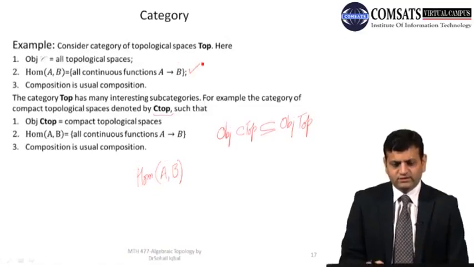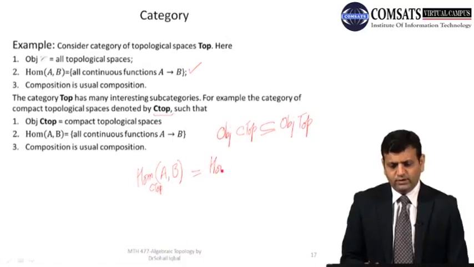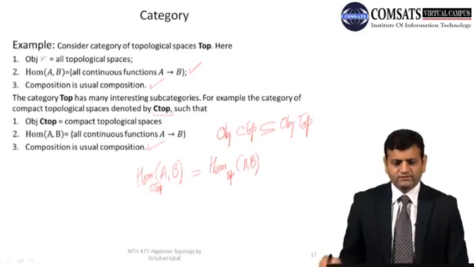So the hom between A and B in the category C top is equal to the hom in the category Top from A to B. This is a subset, so in particular they are equal. We take composition to be usual composition, so once again they are the same. By definition of subcategory, the category of compact topological spaces is a subcategory of the topological spaces.